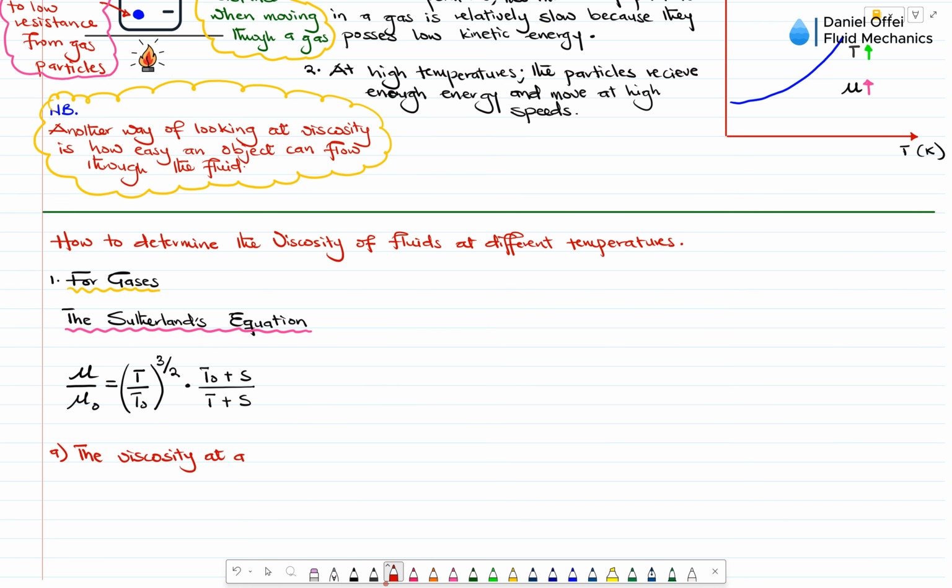So the Sutherland's equation basically says that if you know the viscosity of a gas at a particular temperature, then we can use this formula to determine the viscosity of that gas at another temperature, whether the temperature is lower or higher.